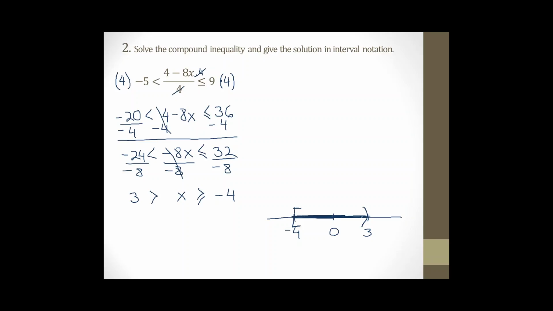So everything in the middle would be shaded. Now I'm ready to write my solution in interval notation, just reading it off the graph. I have a bracket, it starts at -4, and my shading ends at 3, which has parentheses. So this is my solution in interval notation.